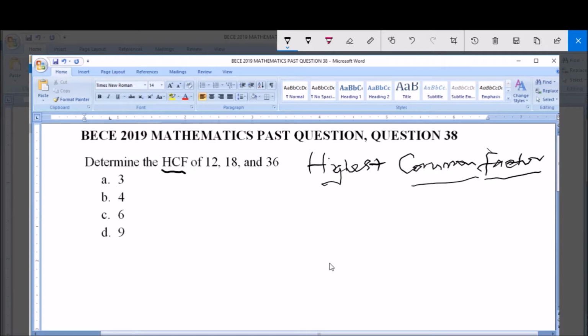Now, for us to find the HCF of numbers, there are two things we have to do. Number one, we express the numbers as products of their prime factors.